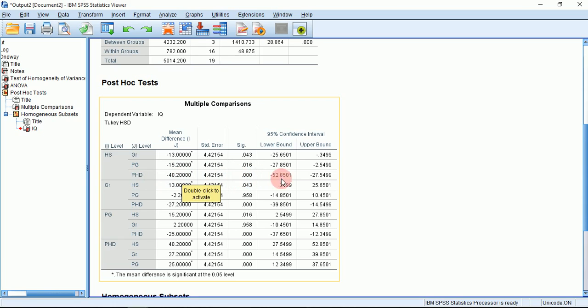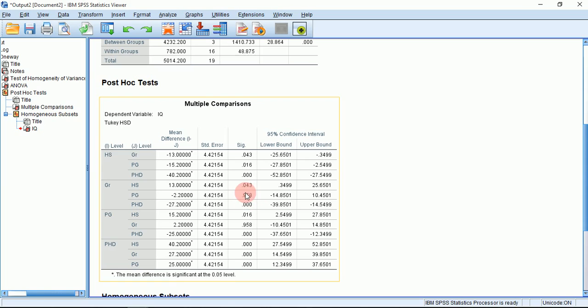Then what we find here in this second portion of this table, the mean difference between the graduates and the postgraduates is 2.2, and this difference is not statistically significant because the significance value is greater than 0.05, which is 0.958.